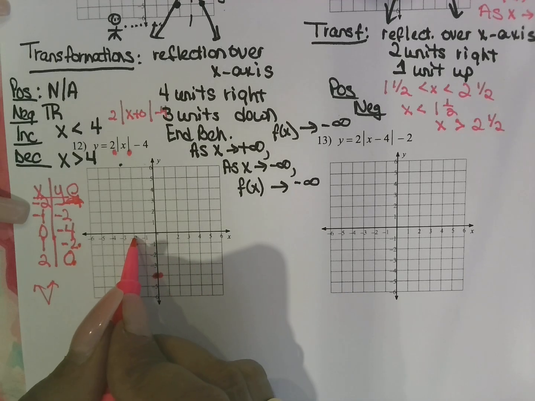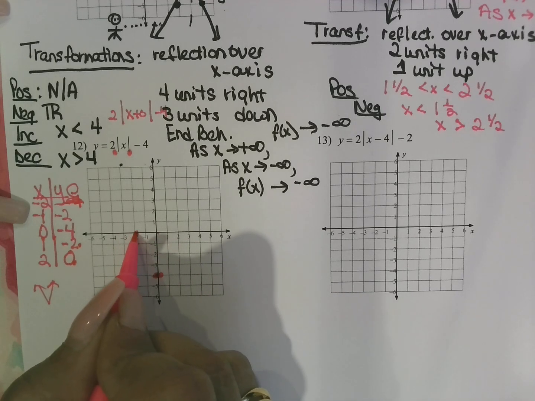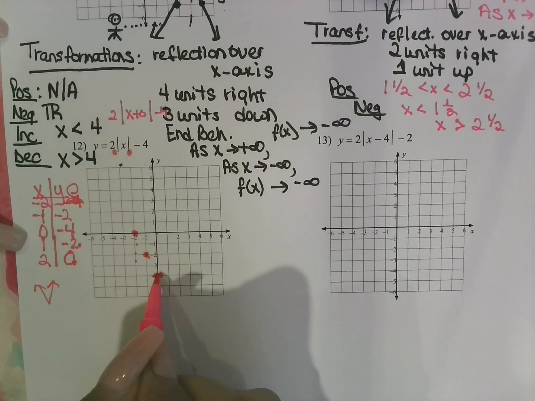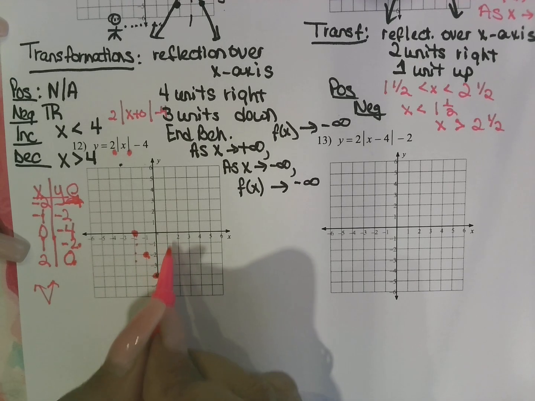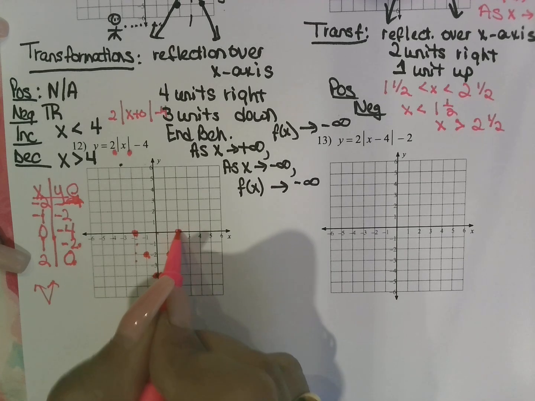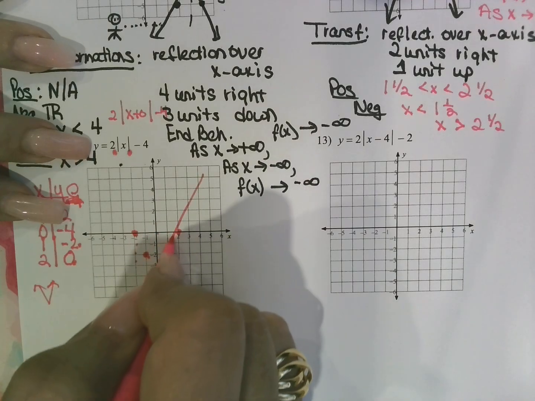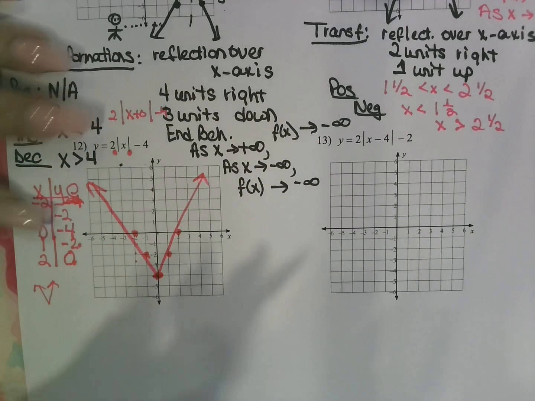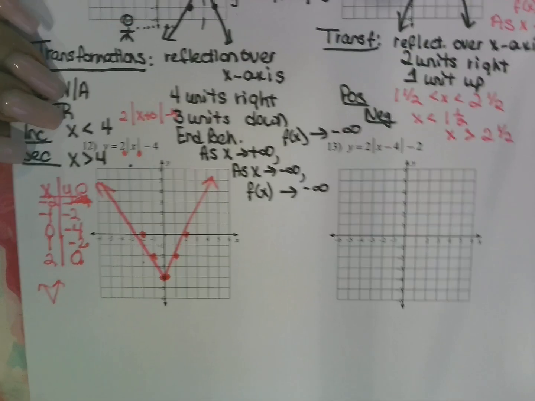So at -2, we have 0. At -1, we have -2. At 0, we have -4. At 1, we have -2. And at 2, we have 0 again. All right, looks a lot better. Okay, so now we have that.